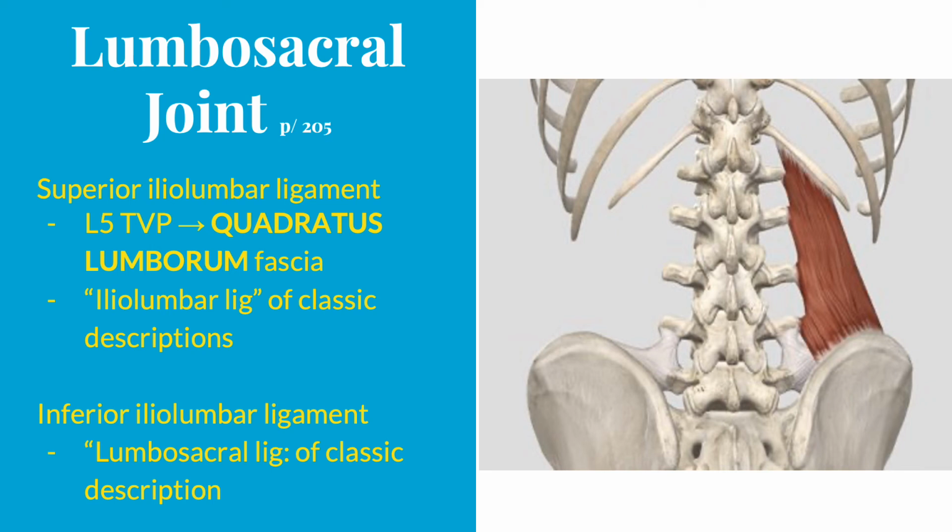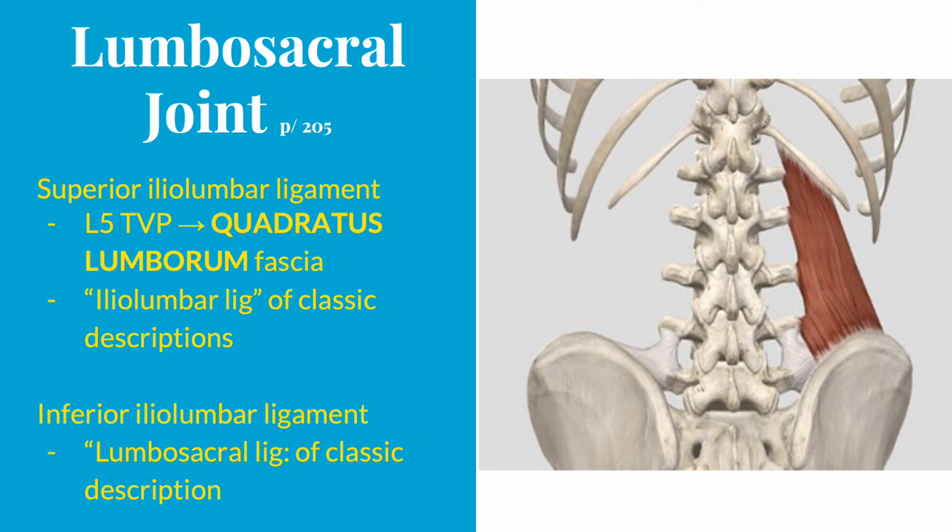But if you see talk of quadratus lumborum, this is huge. And I'm sure most of you know how important the quadratus lumborum is in the stability and function of the spine, and it can be implicated in some pain. So you want to know that the superior iliolumbar ligament is going to blend into that fascia of the quadratus lumborum.